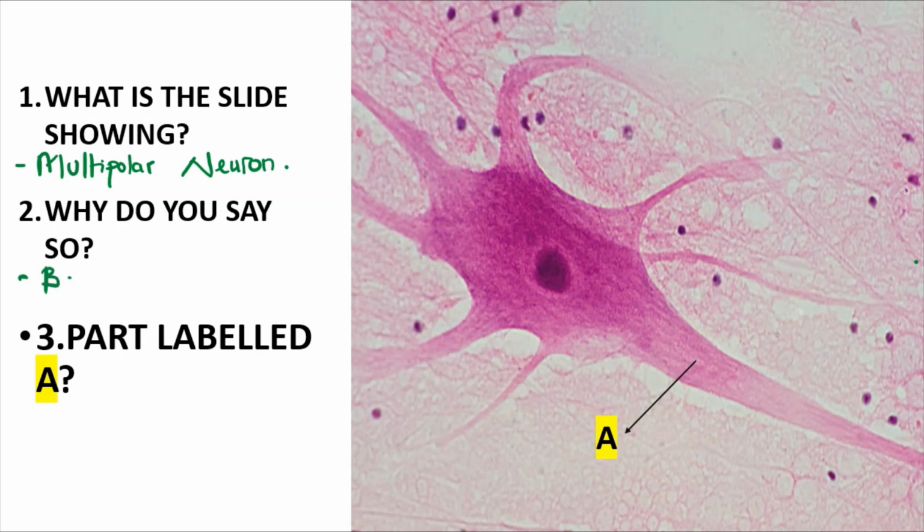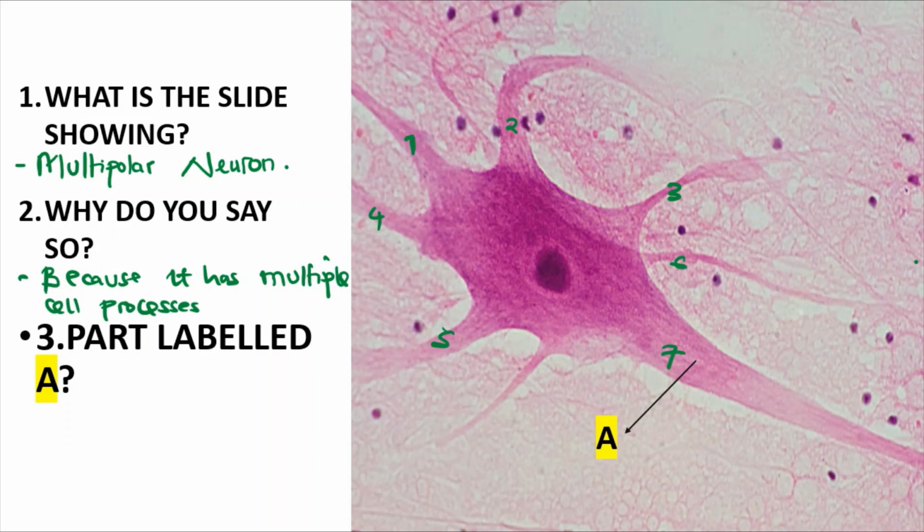Because it has multiple cytoplasmic or cell processes. You can see it has this process here, 1, this process here, 2, this process here, 3, 4, 5, 6, 7.